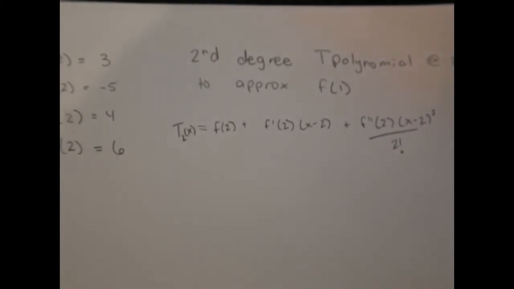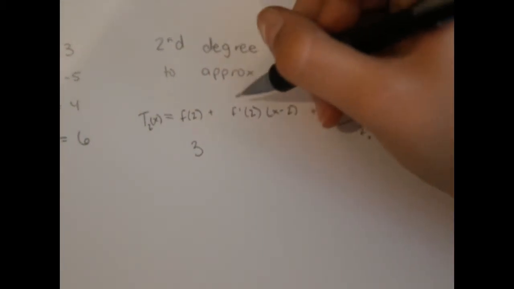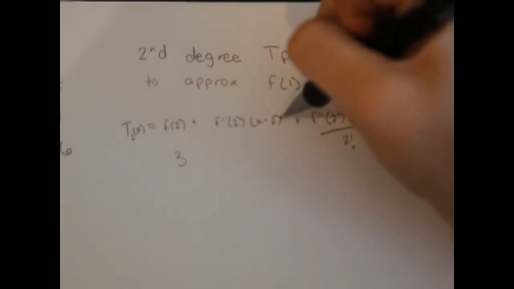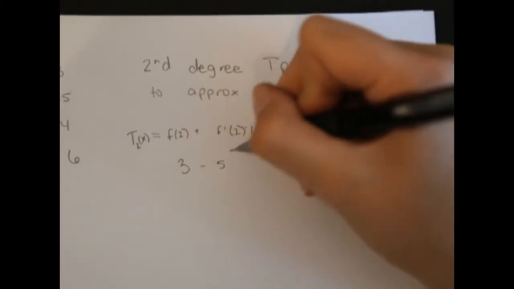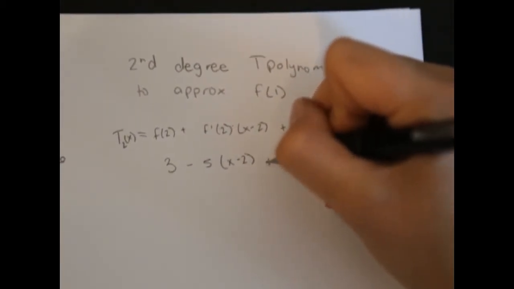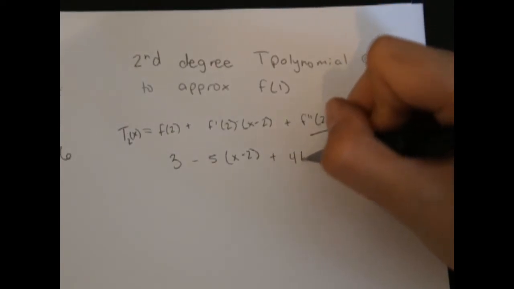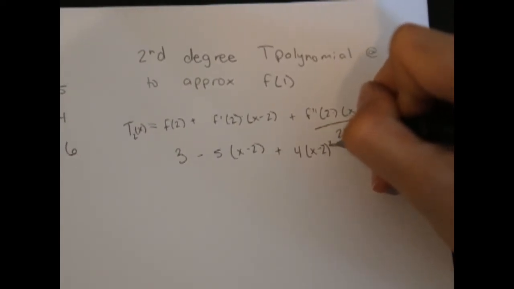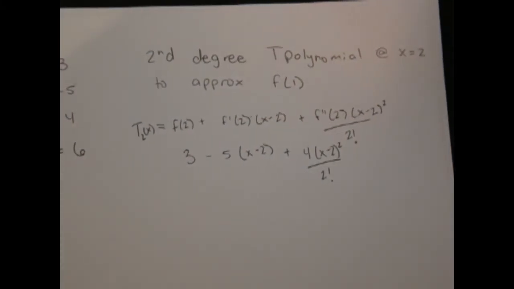So if we simplify all of this, f of 2 is just going to give us 3 plus our f prime of 2 times x minus 2, and our f prime of 2 is -5, so it's going to be -5 times x minus 2, all plus our f double prime of 2, which is 4, times x minus 2 squared over 2 factorial, which is just 2.